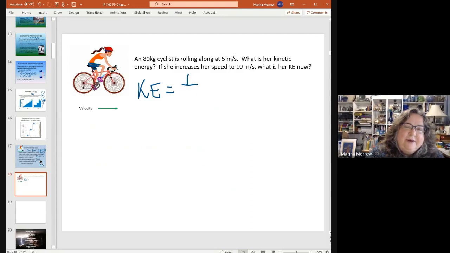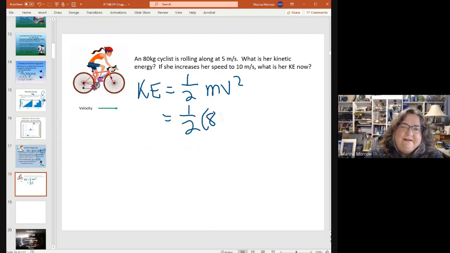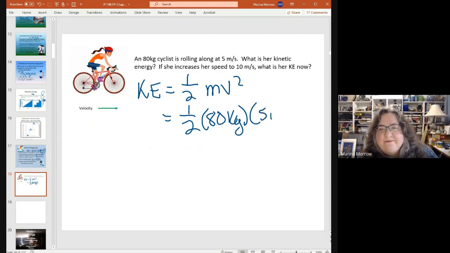Kinetic energy, 1/2 mv squared, 1/2 of 80 times the velocity, square it. So we get 1/2 of 80 times 5 squared is 25, 40 times 25, and we would end up with 1,000 joules.